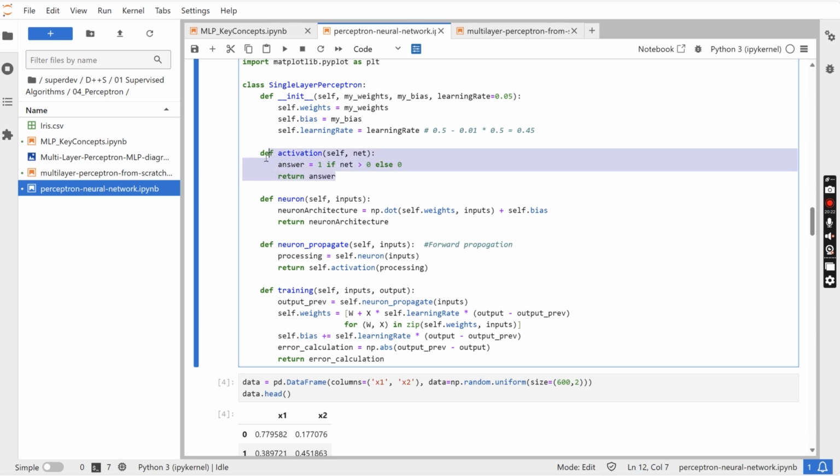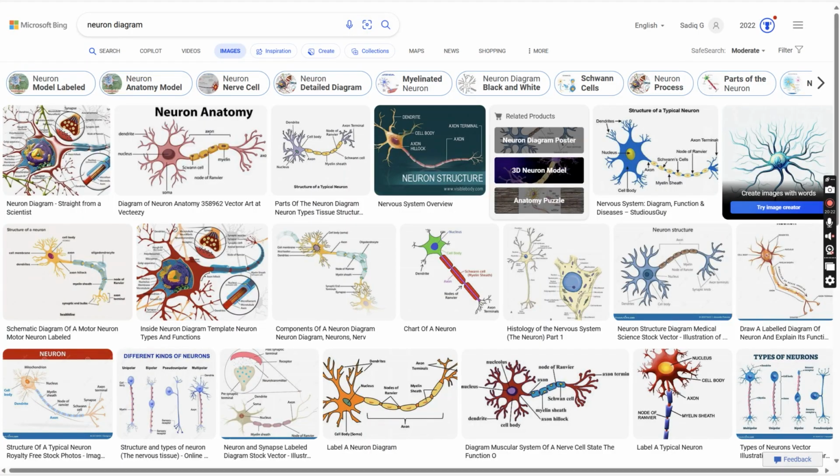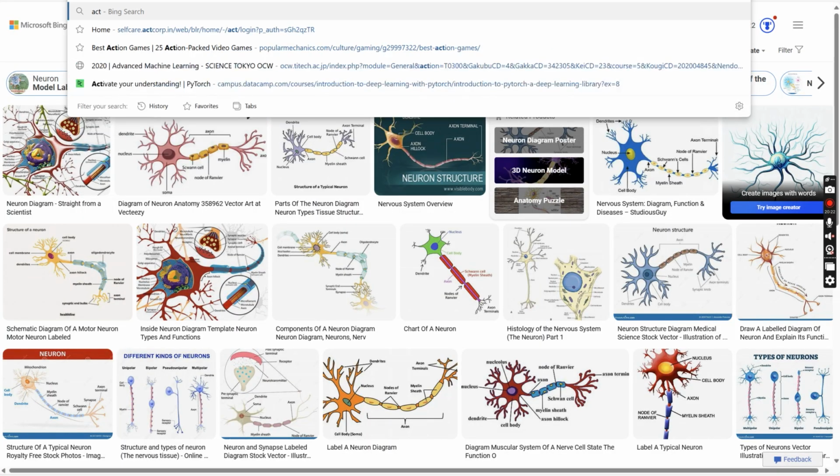That is what the activation function will do. It will do some sort of filtering and give you the output as either 1 or 0. It would be very similar, not exactly the same. We will discuss different activation functions, then you will understand better.